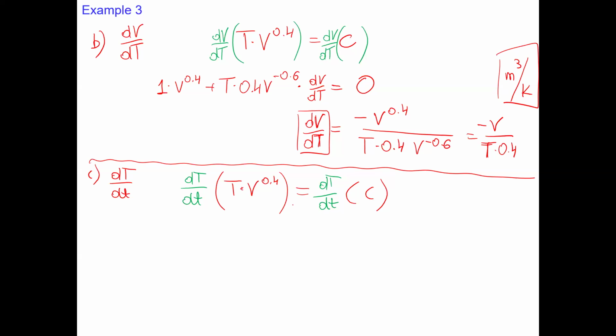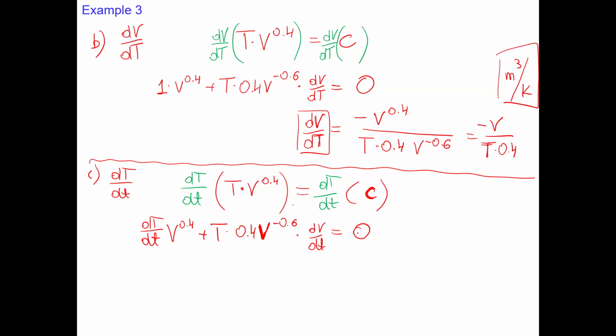Okay, now the product rule. Derivative of T is dT/dt times the function, plus T. Now, the derivative of V to the power of 0.4 will be 0.4 V to the negative 0.6 times dV/dt, because V also changes with respect to time. The constant remains constant, derivative of the constant is 0.